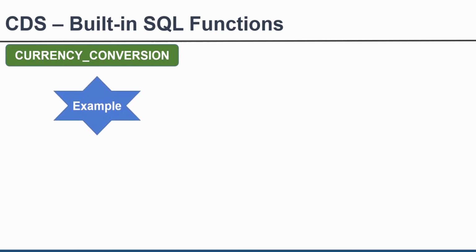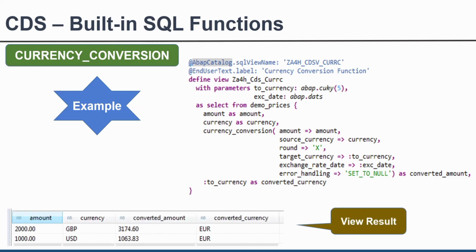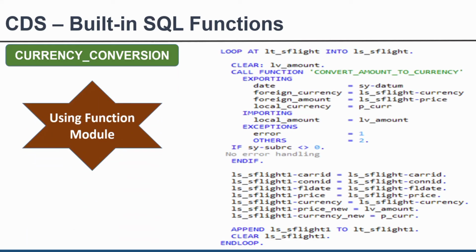Currency conversion, an example, and the result. This is the way we usually do the regular currency conversion in regular ABAP code, which is slightly different from what we use in CDS with the function.